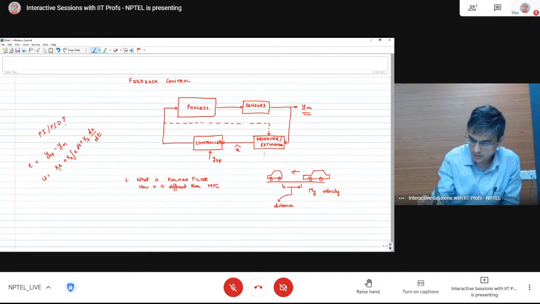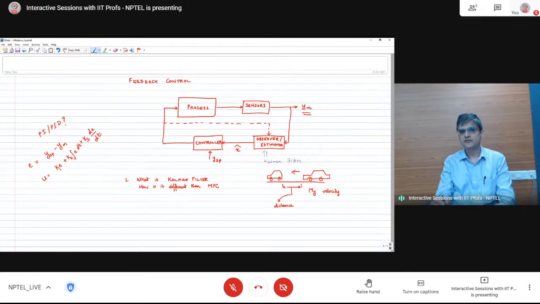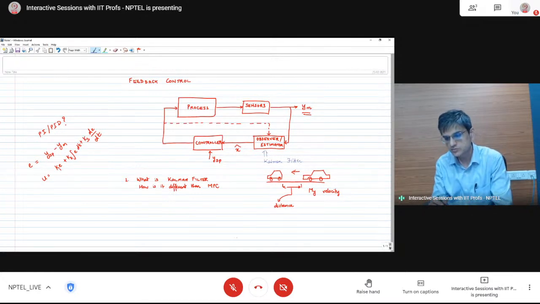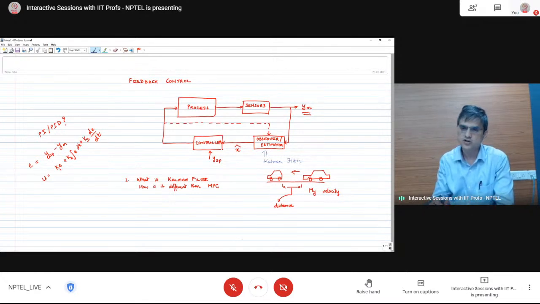Okay, this is where Kalman filter can be used. Kalman filter is not the only algorithm that can be used. There are other algorithms also. Kalman filter is one of the more popular recursive algorithms that can be used as an observer.